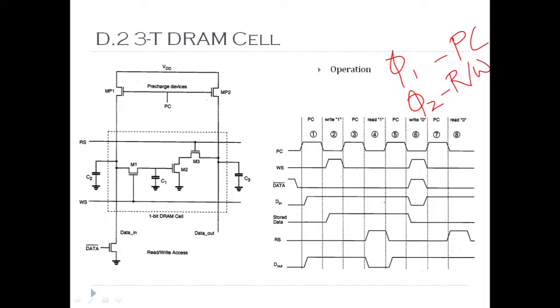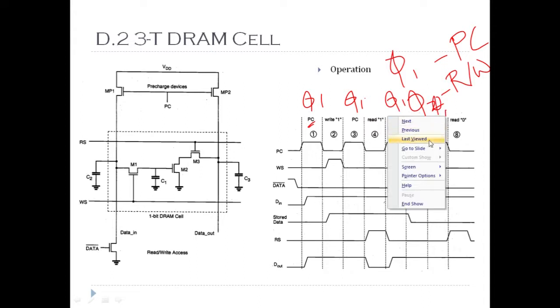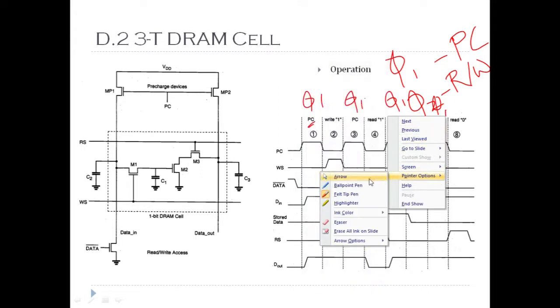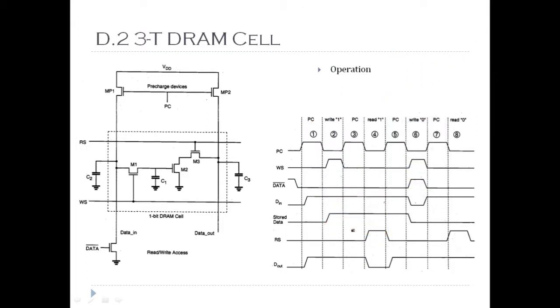So here this precharge signal is representing phi 1. So cycles 1, 3, 5, 7 represent the precharge signal, whereas 2, 4, 6, 8 represent read or write operations. Every read or write operation must be followed by a precharge operation.